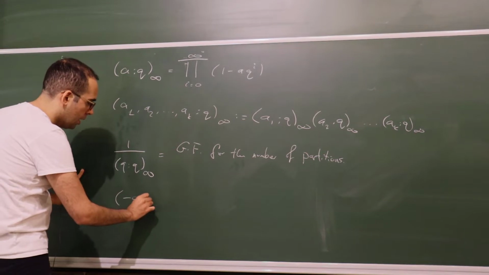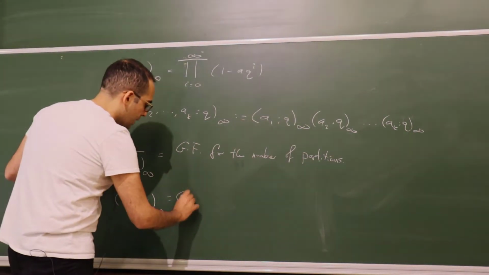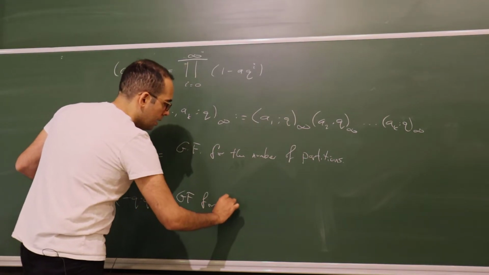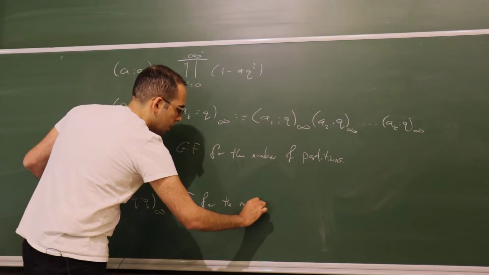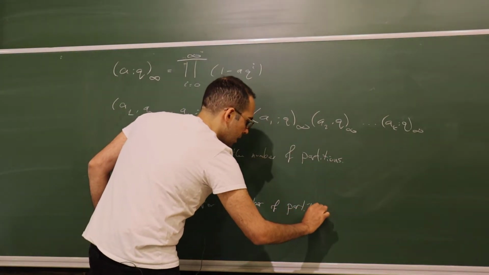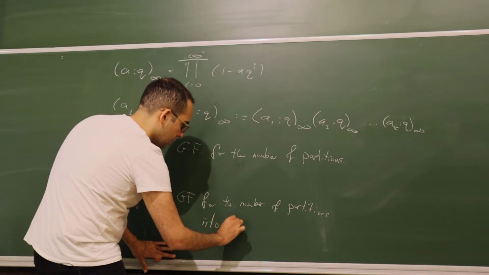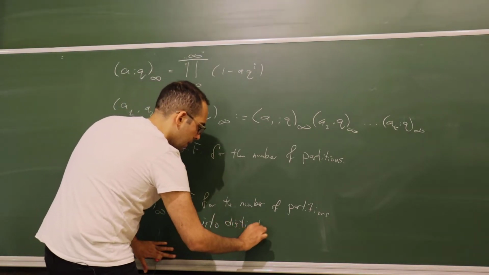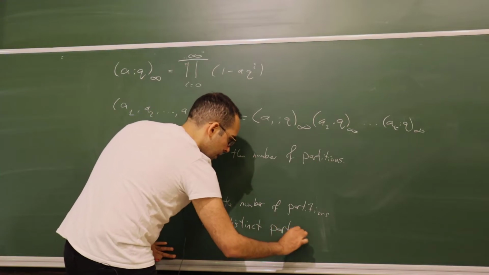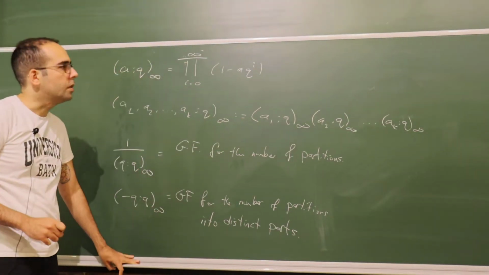So (-q; q)_∞, which was also something that we saw, is the generating function for the number of partitions again, but this time into distinct parts. So things do not repeat. All right. Good.